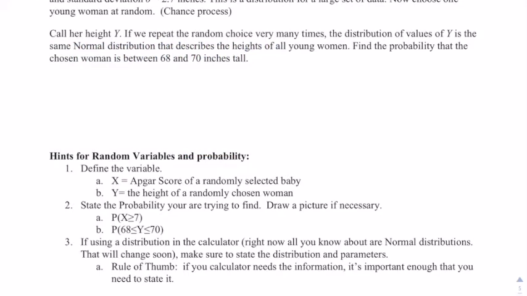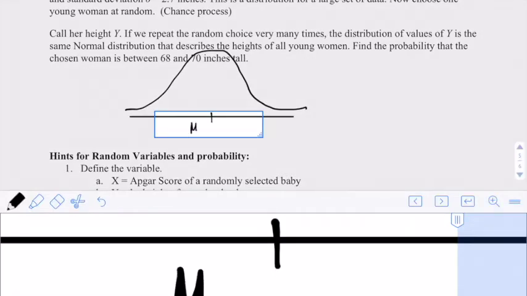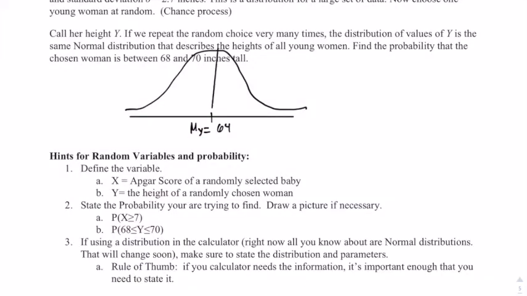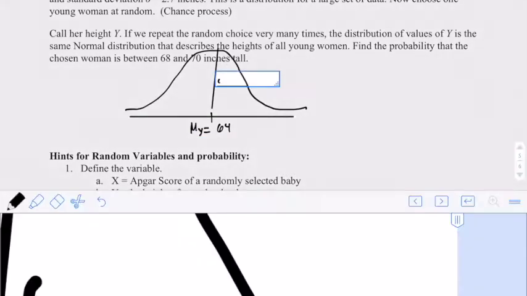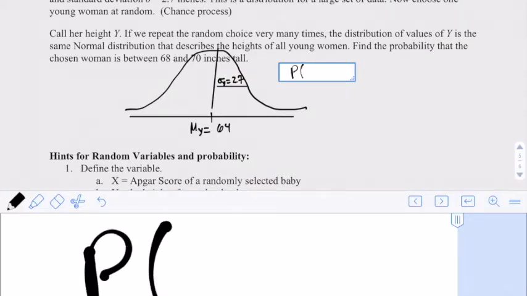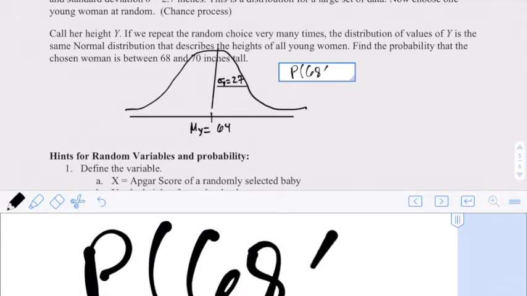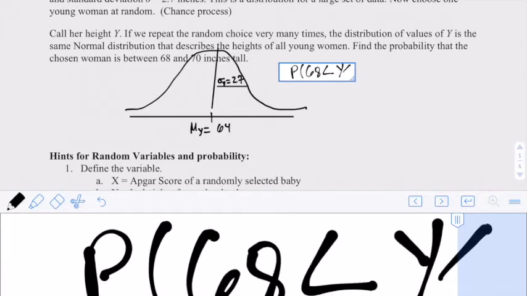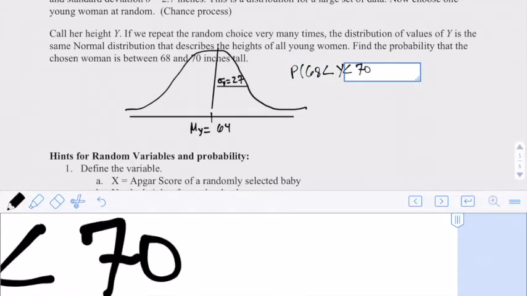So remember from chapter 2, we have our normal distribution. Okay, it doesn't have to be perfect. With our mu of these y's at 64, and our standard deviation of the y's as 2.7. We want to know the probability that the chosen woman is between 68 and 70 inches tall. So 68, y is in between that, and 70. And we can go to our calculator to do this.